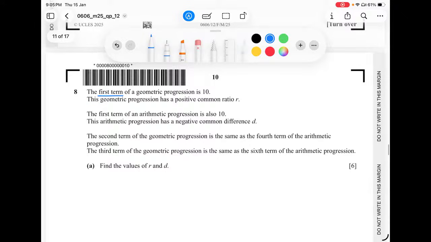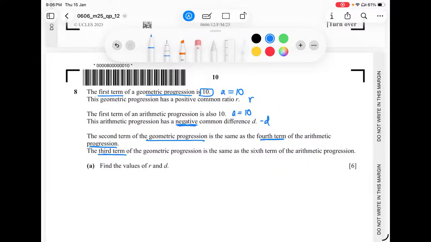The first term of the geometric progression is 10. We just write the information in algebraic form, so it's easier. The geometric progression has a positive common ratio R. The first term of an arithmetic progression is also 10, and it has a negative common difference, so this should be negative D. The second term of the geometric progression is the same as the fourth term of the arithmetic progression.